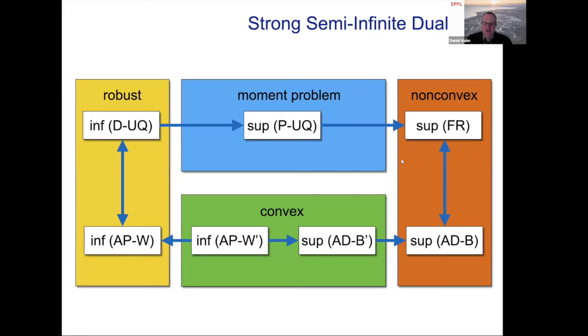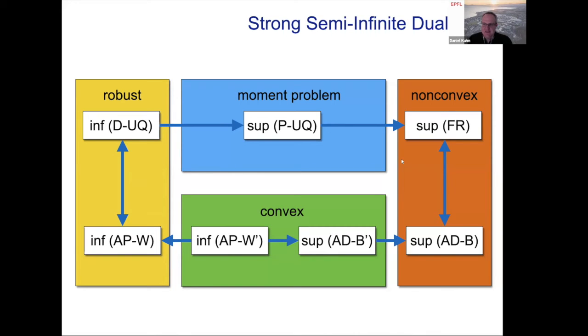Okay, so let's return to our schematic. The primal uncertainty quantification problem in the middle constitutes actually a generalized moment problem over probability distributions. Its optimal value is squeezed by the dual uncertainty quantification problem and the finite reduction problem. The dual uncertainty quantification problem on the left is equivalent to the ambiguous primal-worst, which is a robust optimization problem. And the finite reduction problem on the right is equivalent to the ambiguous dual-best, which is a non-convex optimization problem.